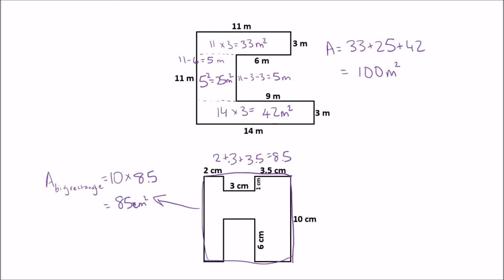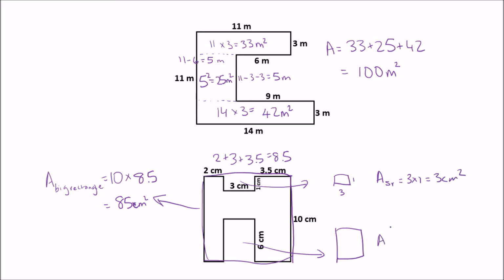That's our big rectangle. Let's do this little rectangle from here and this rectangle here. This one here has a height of 1 and a width of 3. So the area, and I'm just going to call it small rectangle, is 3 by 1, which is 3 centimeters squared.